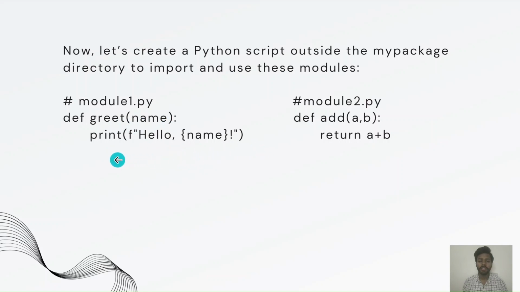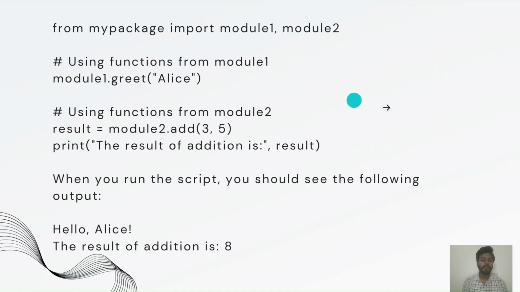If we want to print something as a string, we use print and double quotes, right? Then in module 2 we define add a comma b, where return a plus b gives the addition of the numbers, right?